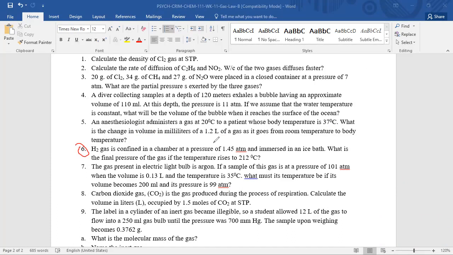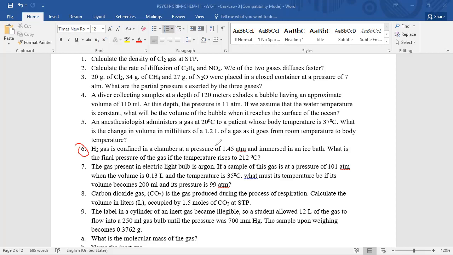Kung nare-recall pa ninyo, yan ay kay Gay-Lussac law. So, at constant volume, kapag nag-increase yung temperature, mag-i-increase din yung pressure. Vice versa, kapag nag-decrease yung temperature, magdi-decrease din yung pressure. Okay? So, ganyan yung rule dyan.